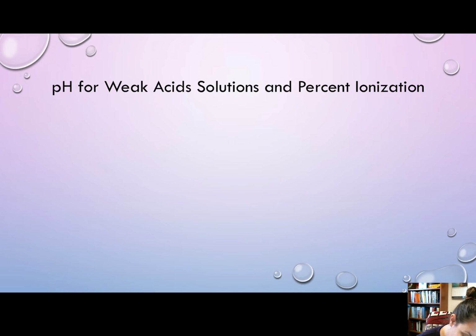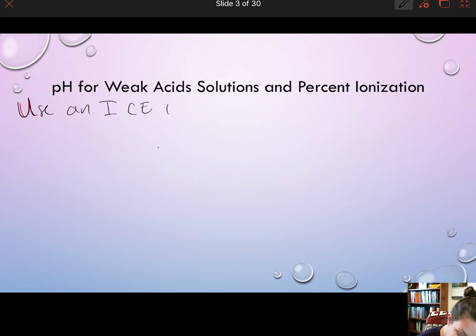So I'm going to use an ICE table when given initial concentrations and Ka.